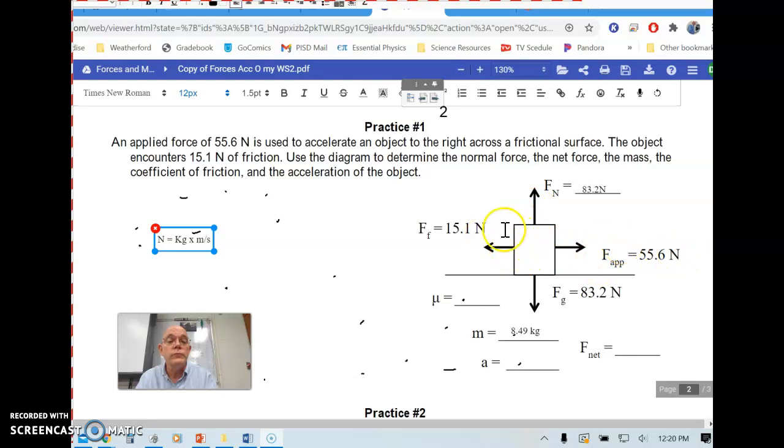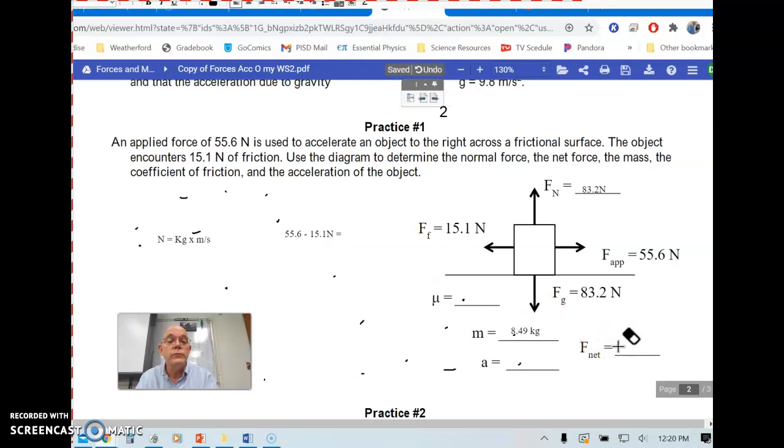Well, this is the force you applied, and here's the friction force going the opposite direction. So if you just take those two forces and subtract them, that will give you the net force. That's what we did before. So 55.6 minus 15.1, and those are both newtons, is going to be equal to your net force. And in this case, if you subtract those two, you should get 40.5.